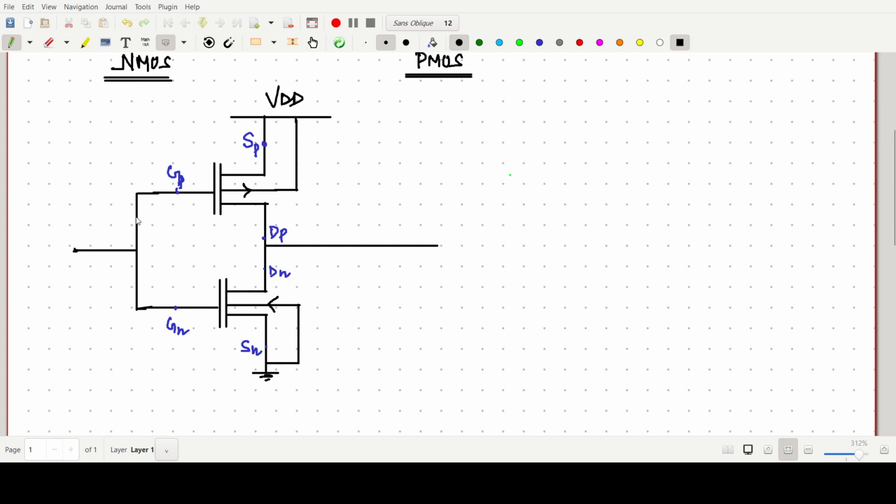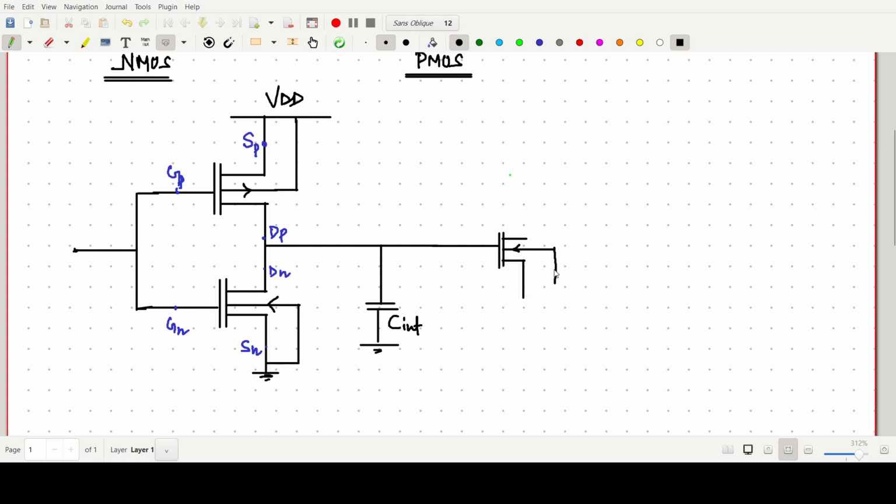If it is cascaded with another one, before that I am just putting one capacitor, which I call C internal. Along with that we connect another inverter, or better to make a similar design to that of the NMOS.